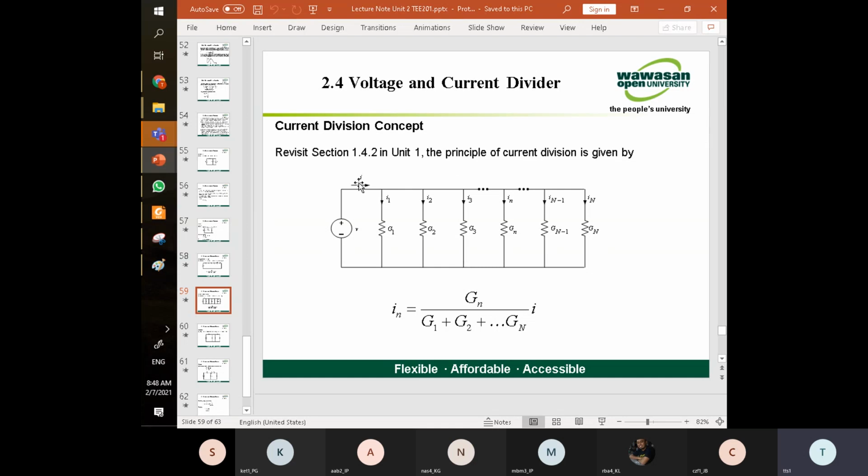So we usually assume this is the main voltage, the largest power supply, the largest current for this circuit. If you want a small current out of this measurement, we can use the current divider.